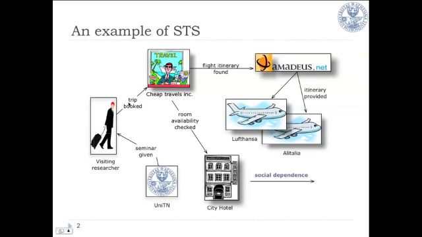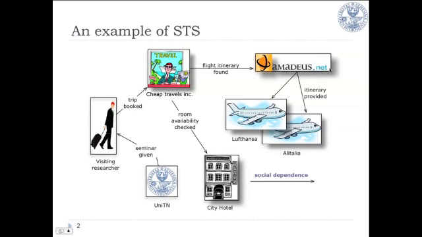So in order to get the trip booked, he's relying on Chip Travels Incorporation, which will deal with finding an appropriate flight itinerary for him and also booking a hotel. We see here that Chip Travels Incorporation deals with a given flight service, the Amadeus flight service, to offer possible itineraries to the researcher to arrive all the way to Trento.